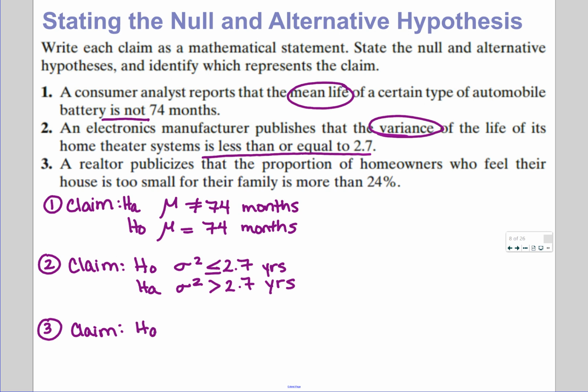It is the alternative, because it says more than, doesn't say equal to, so it's strictly a greater than statement. 24%, now usually we're going to write this as a decimal when we do proportions, 0.24, and again our population symbol for proportion is a p. So then the null, what's the complement of that? p is less than or equal to 0.24. Okay, and then we're going to stop for today.